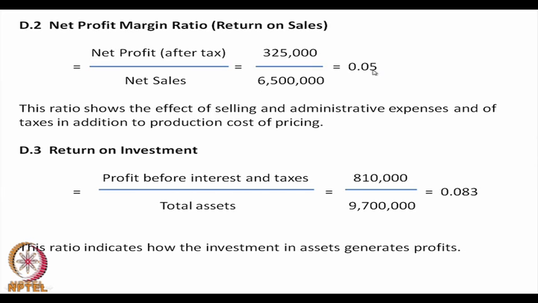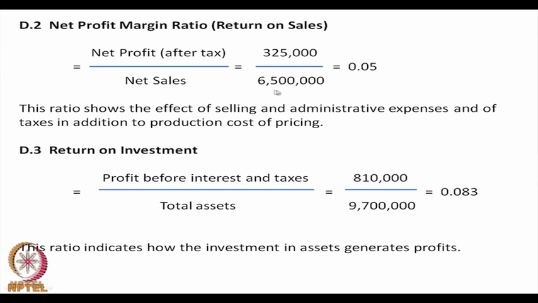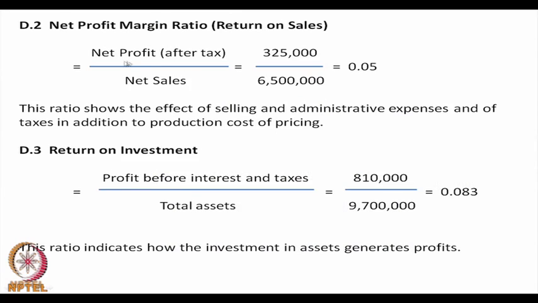So, only 5% compared to 18% gross profit, the net profit is 5%. It means, how is net profit calculated? Gross profit minus the interests and taxes. So, naturally interest was much higher, and therefore, this has come down.